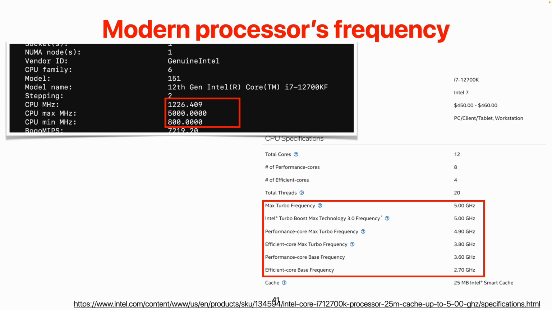For example, the 10th generation Intel Alder Lake processor that you have been using in your assignments actually goes from 800 megahertz to 5 gigahertz. In the spec, it also mentions that the max turbo frequency is 5 gigahertz, and there is a technology called Turbo Boost.